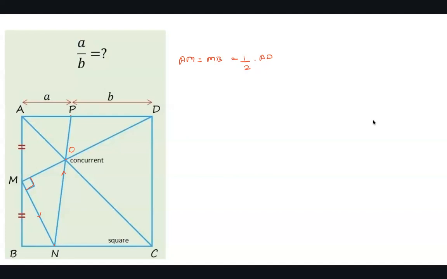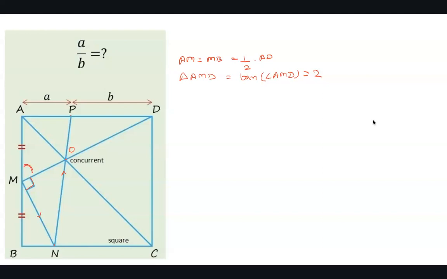Hence, for triangle AMD, we know that tan of angle AMD is nothing but the ratio of 2. Using a calculator, we can find the tan inverse of 2, and that shows us that the angle is 63.44 degrees.